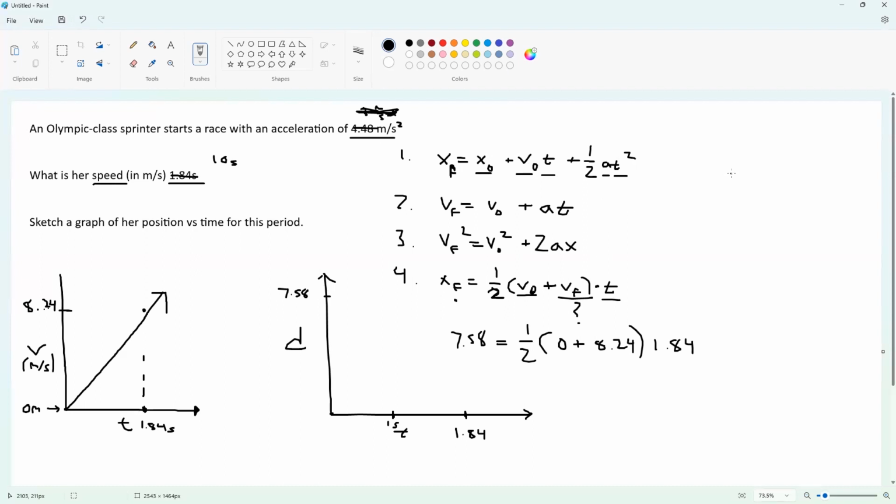Would it still give you the final velocity? We do not need the final velocity. We're just looking for distance. Oh, wait. I'm confused. Well, we're using this formula up here. We're trying to find the distance at 1 second.